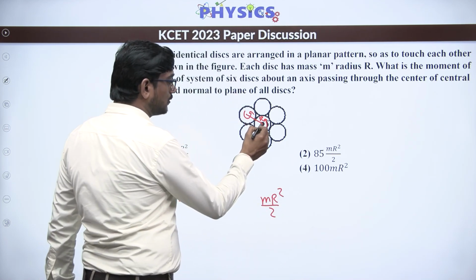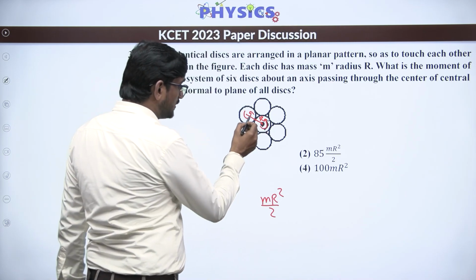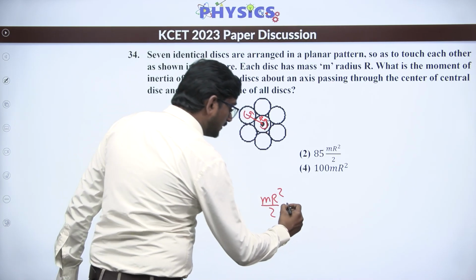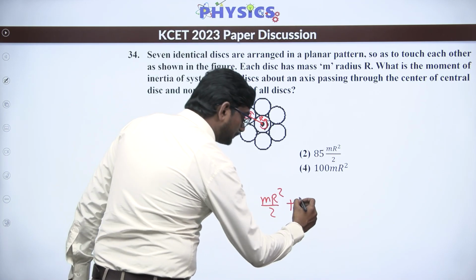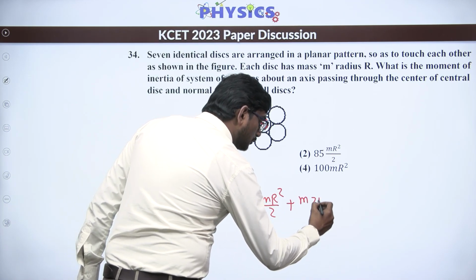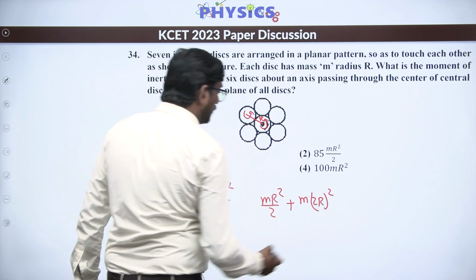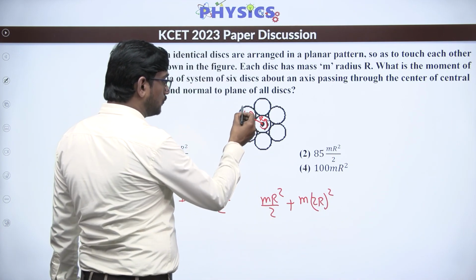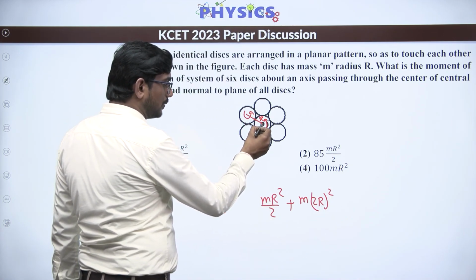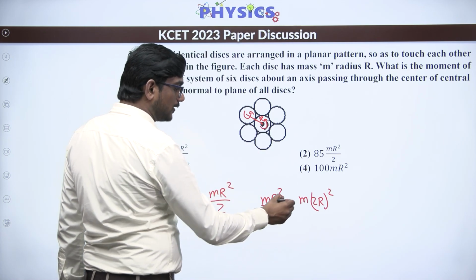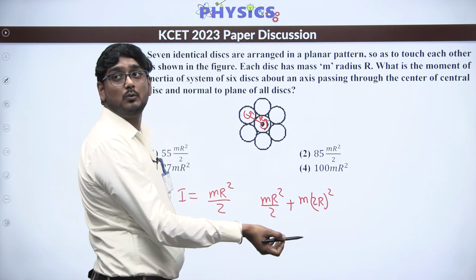But we have to find about this particular point. What is the distance of this point from this? It is 2r. So it will be m into 2r square. Okay, so the moment of inertia of one of this disc about this axis is mr square by 2 plus m into 2r square, right?